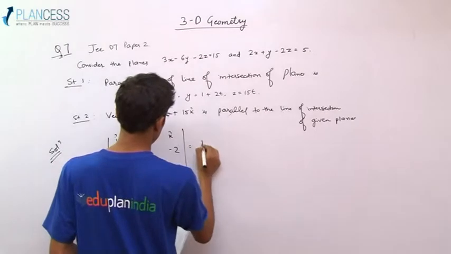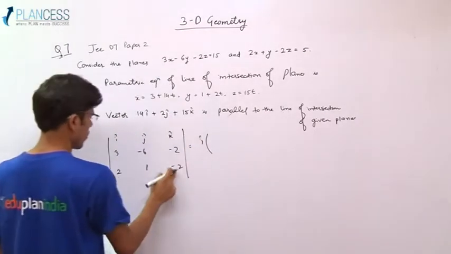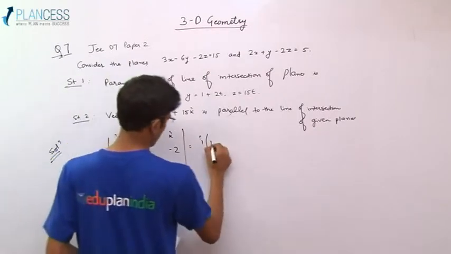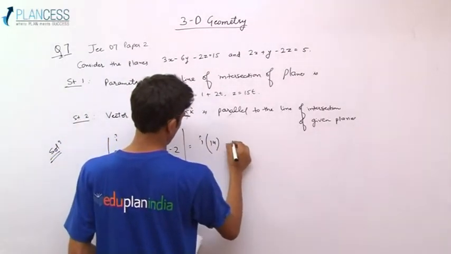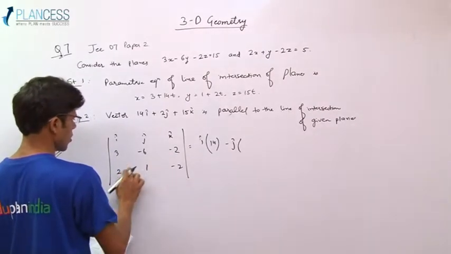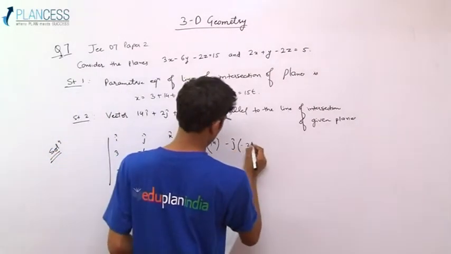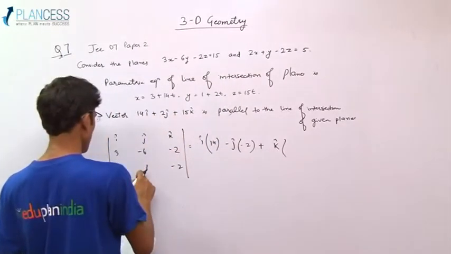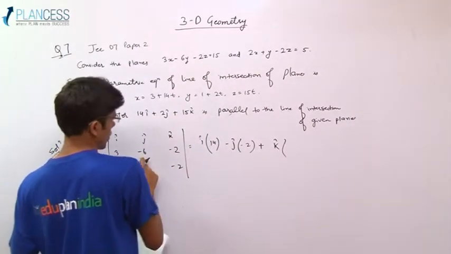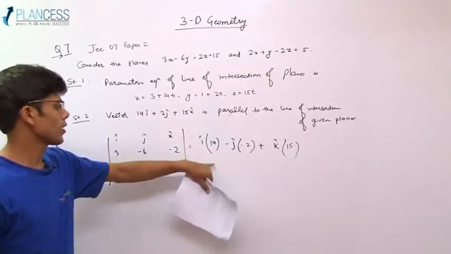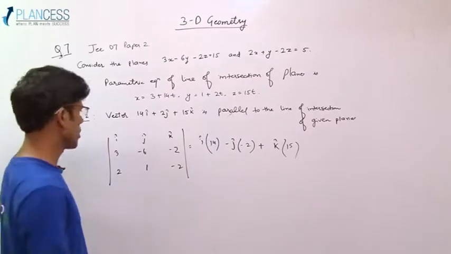So this is i cap times (12 plus 2) is 14, minus j cap times (minus 6 plus 4) is minus 2, plus k cap times (3 plus 12) is 15. So we can directly see this is the same vector which is written here. So the second statement is true.